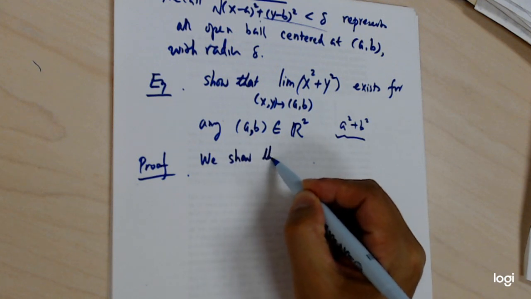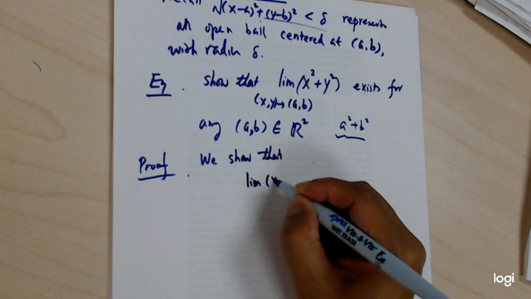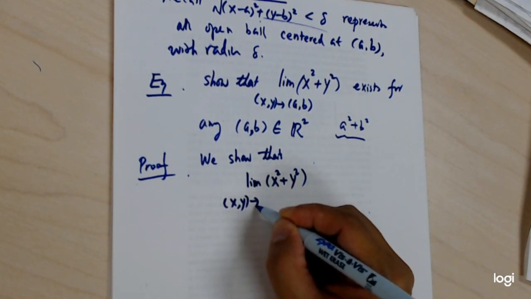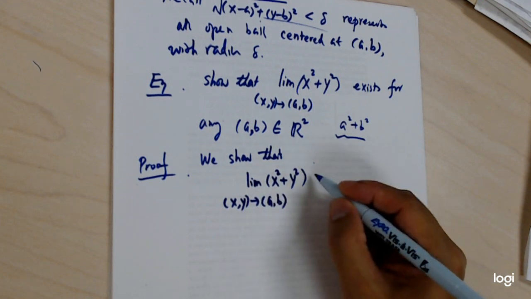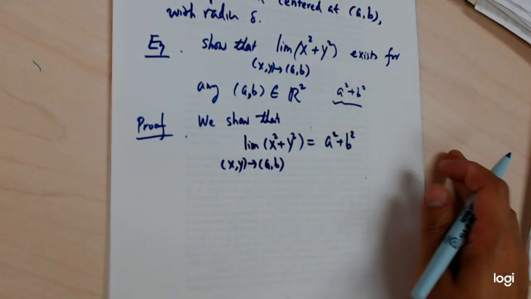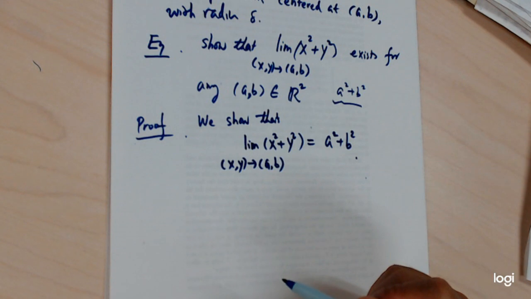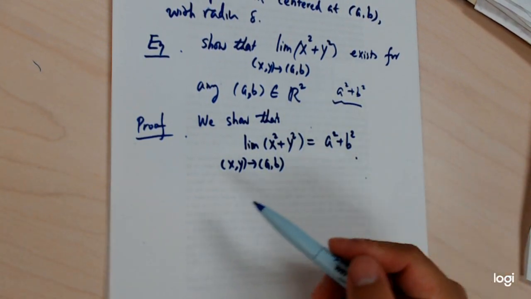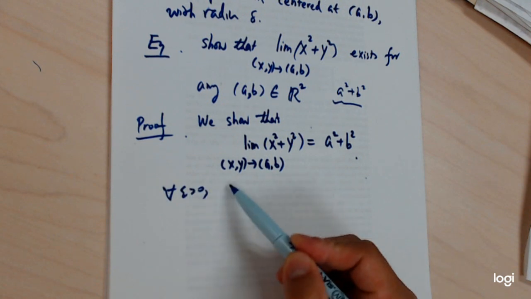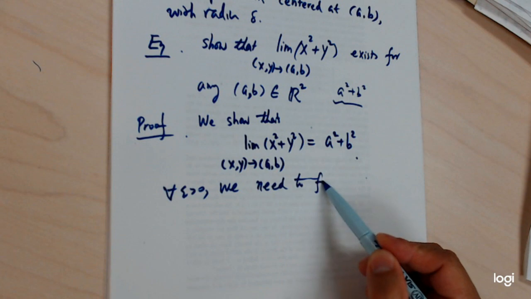Let's show the limit of this is a squared plus b squared. What does that mean? Given any epsilon, I need to find the delta.